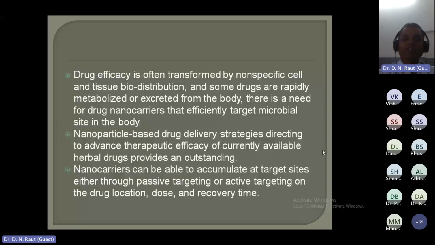The nanoparticle-based drug delivery system strategy is directed at advancing the therapeutic efficacy of currently available herbal drugs, and nanocarriers, the drug excipients, could accumulate at the target site through either passive targeting or active targeting.